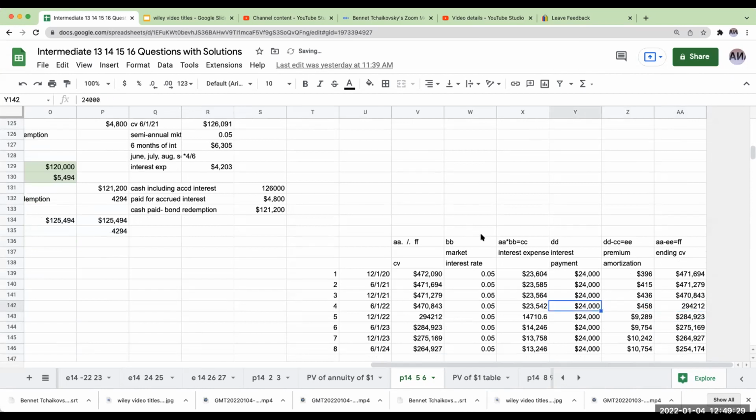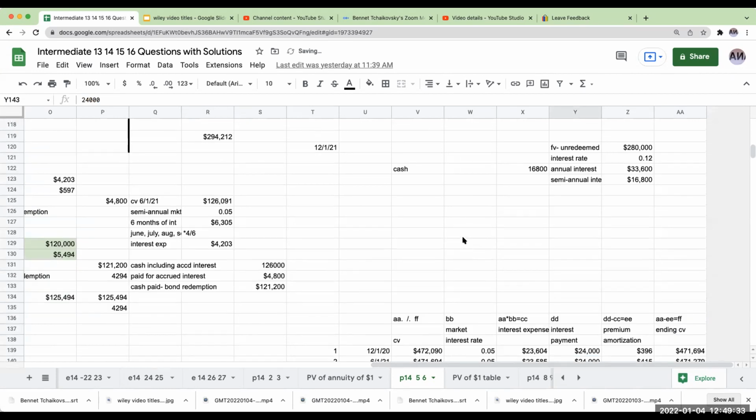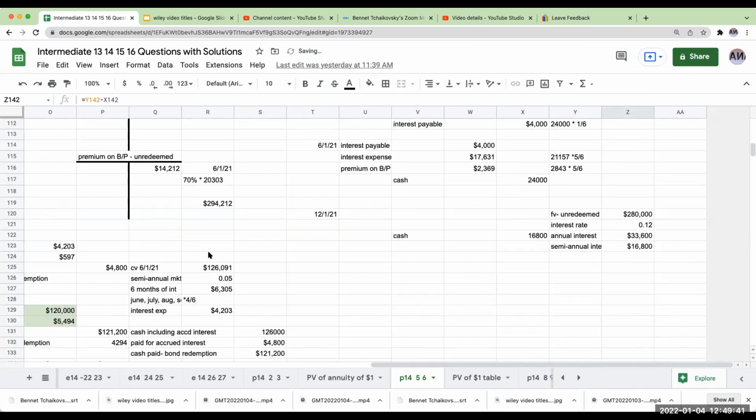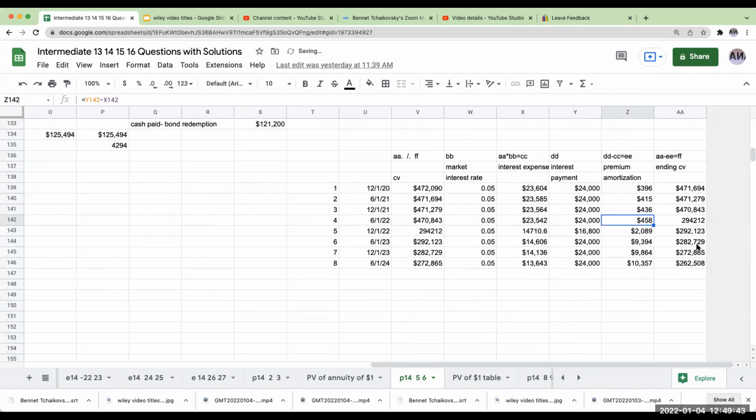And our interest payment is no longer going to be 24,000. In fact, our interest payment is going to be 16,800. And let's see what's happening here. Okay, so my present value of my unredeemed bonds. And there's something still wrong here.